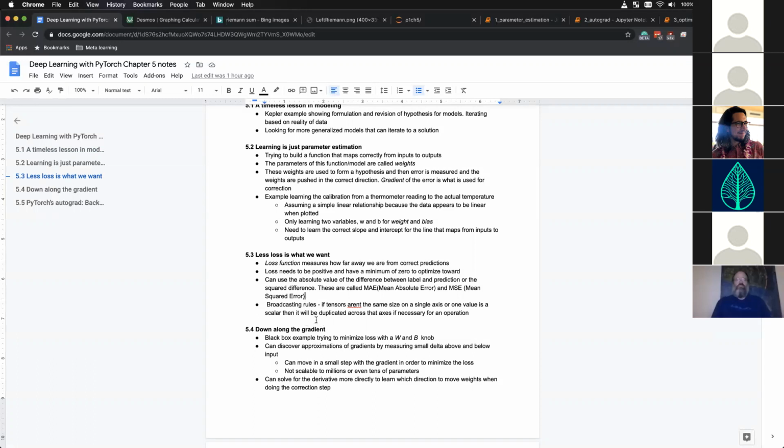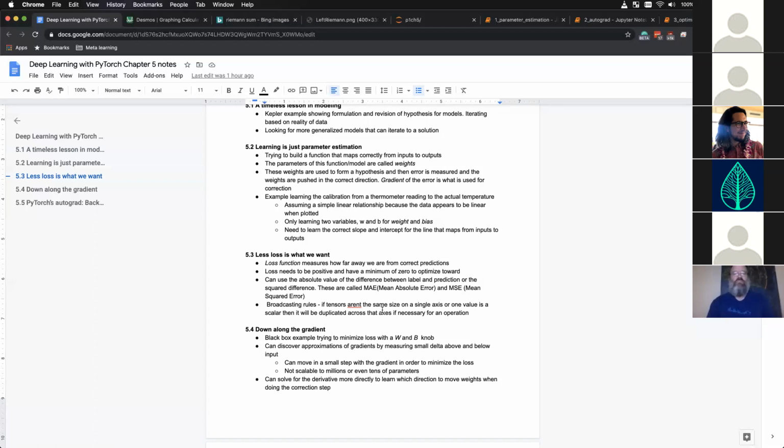And then they also mentioned some of the broadcasting rules. And they had a whole section on this. But just to basically summarize, if you have some sort of tensor and you're trying to multiply them or add them or do various different operations, and they don't necessarily perfectly align, if they are the same size in all but one axis, it will just expand it on that certain axis.